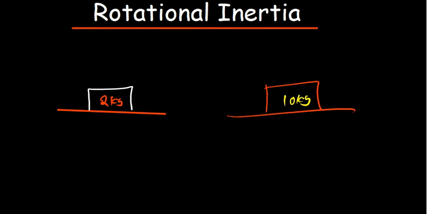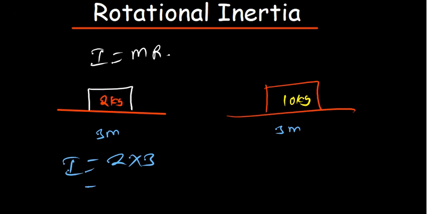So the basic idea behind inertia is that inertia is given by the mass times the radius. Let's assume the radius of both is the same, 3 meters. Then the inertia for the first object is going to be 2 times 3, which is 6.